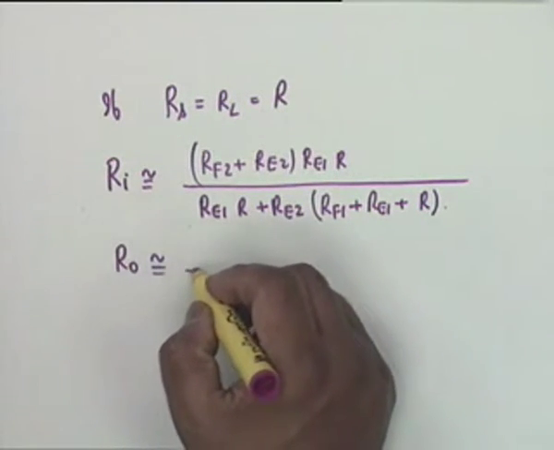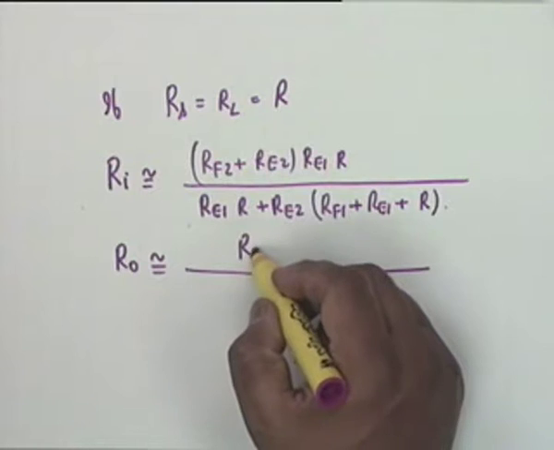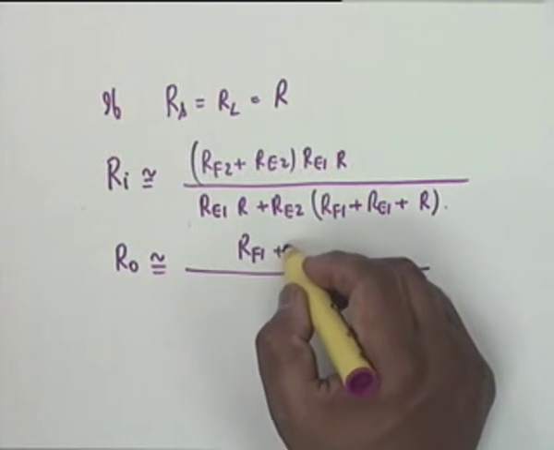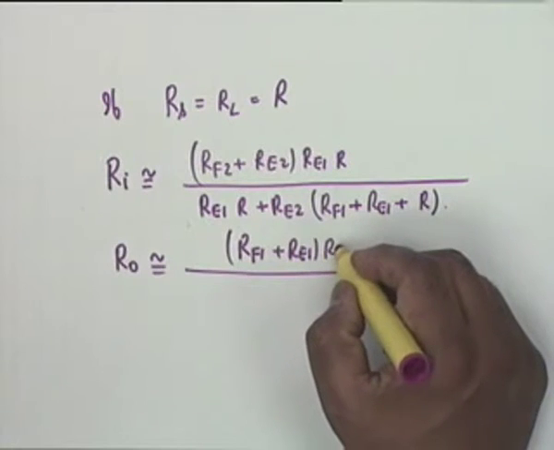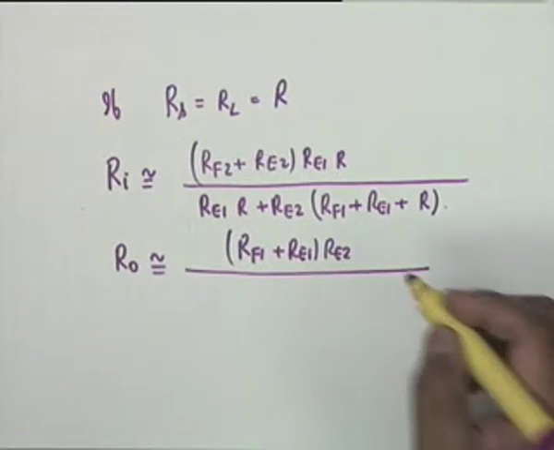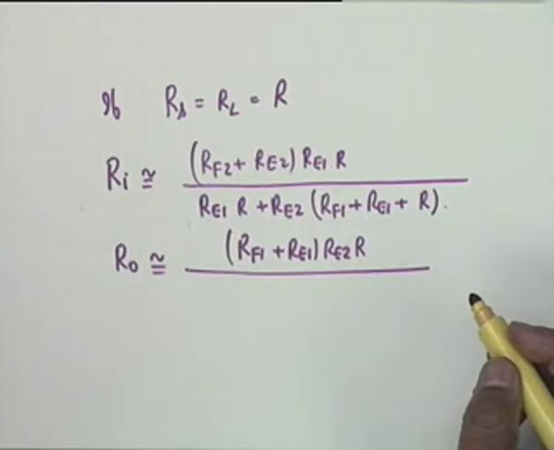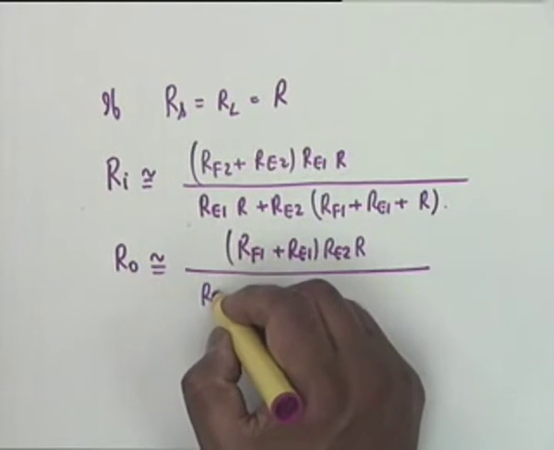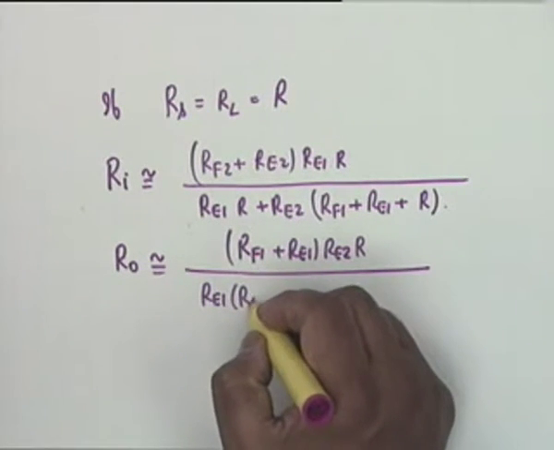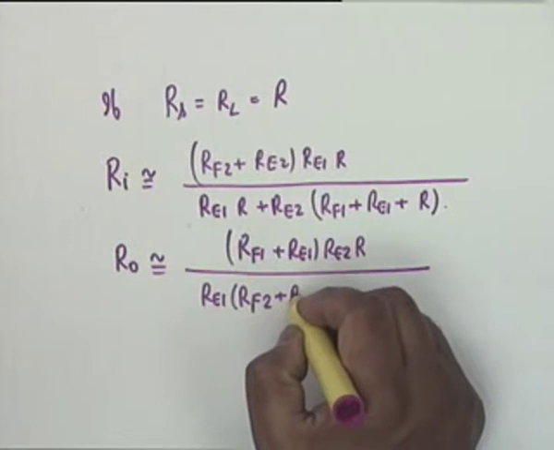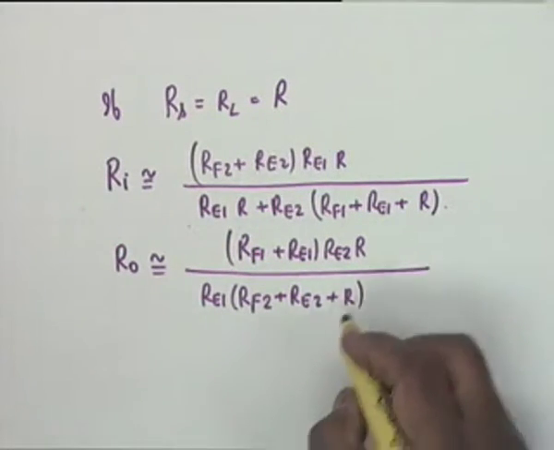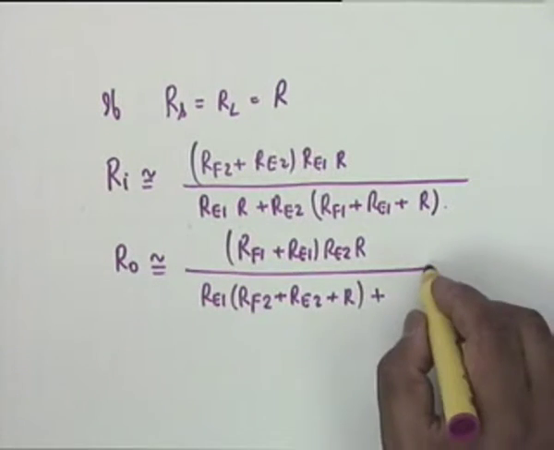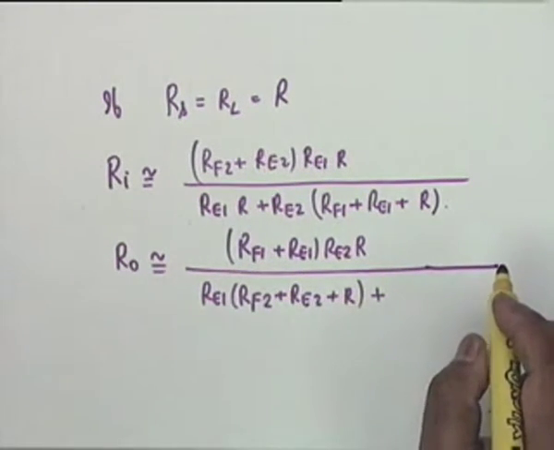And R0 is approximately (RF1 + RE1), very similar expression, only 2's are replaced by 1's, RE2 R divided by RE1, (RF2 + RE2 + R) plus, can you tell me what this next expression is? RE2 R.